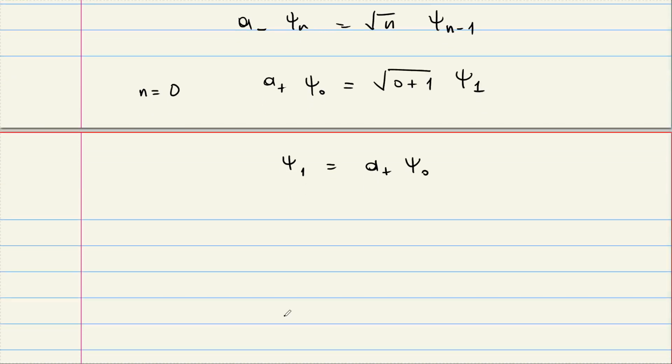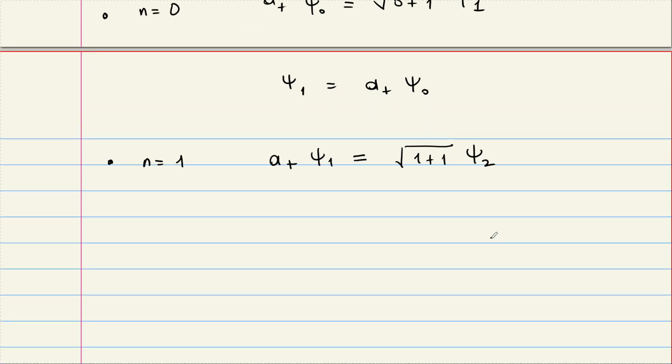So that's the first one. If n is equal to 1, A plus psi 1 is equal to root 1 plus 1 psi 2. And I have psi 2 equal to 1 over root 2 A plus psi 1.